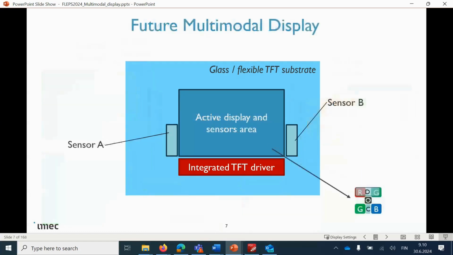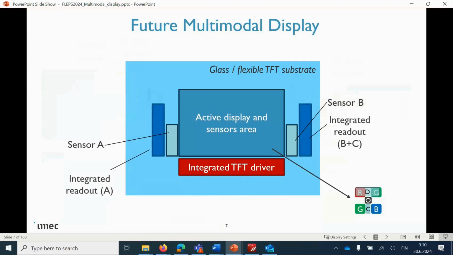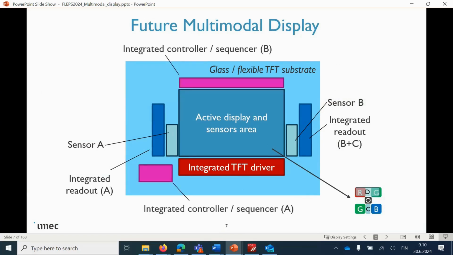So how do we actually see the future multimodal display? How should we see it and what should we target? We should target, besides having the integrated TFT driver, to have some kind of integrated readout of the sensors. We should target to have integrated control.